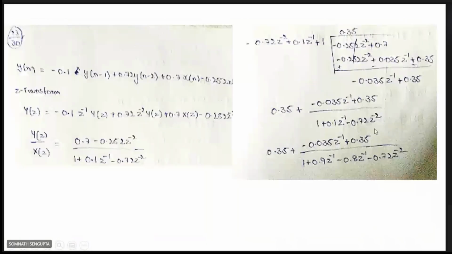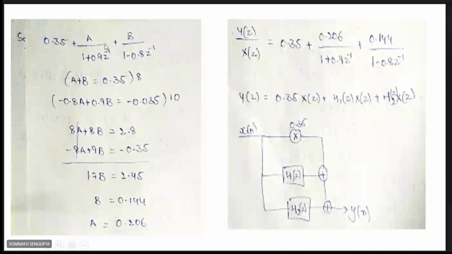They have applied partial fractions and calculated the values of A and B. So your final expression is Y(z) by X(z) equal to 0.35 plus 0.206 by 1 plus 0.9 z inverse plus 0.144 by 1 minus 0.8 z inverse.